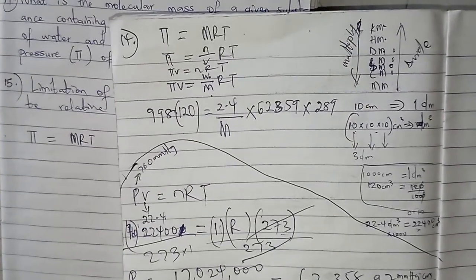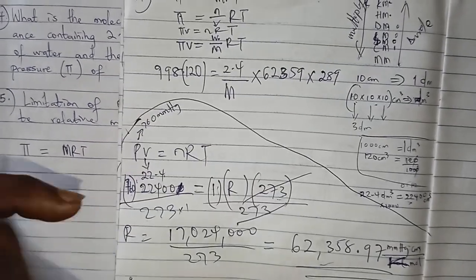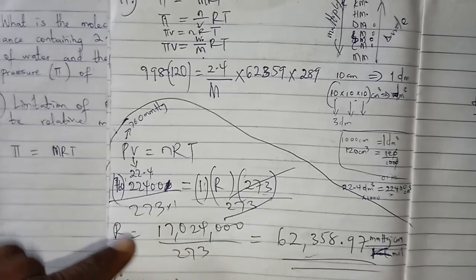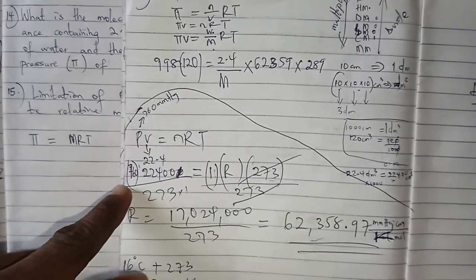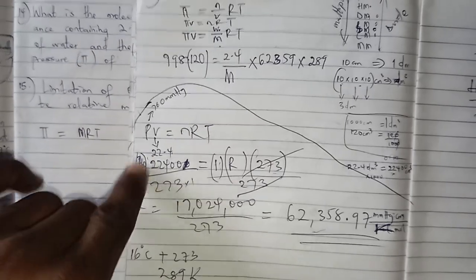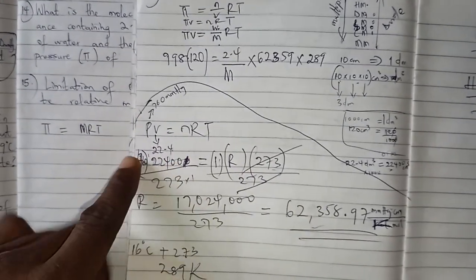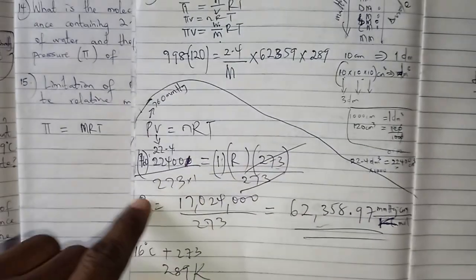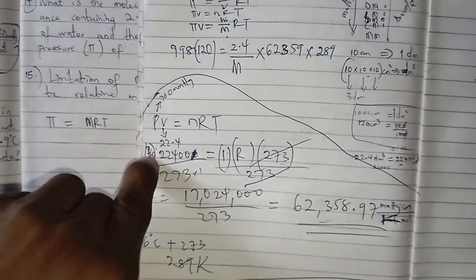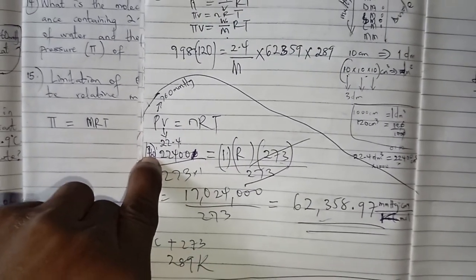One of the things you need to note about osmotic pressure is that when you are solving to find R if it's not given, you need to make sure that whatever pressure unit they gave you for osmotic pressure is what you convert your pressure to when using the ideal gas equation to find R. They gave me osmotic pressure as 998 millimeter mercury, so the pressure I'm going to use is 760 millimeter mercury.